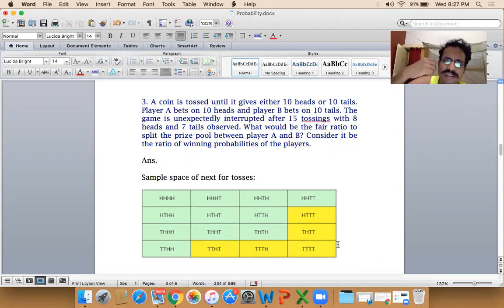The game continued till 15 such tosses, and we got 8 heads and 7 tails, but then the game was interrupted. Now you have to decide upon whatever you have got so far and distribute the prize money. Now how will you distribute the prize given whatever has happened?